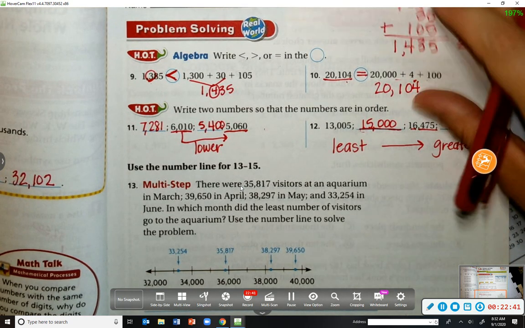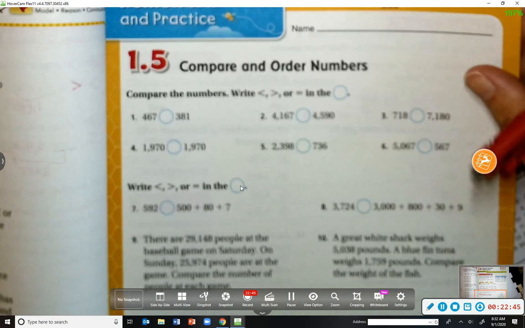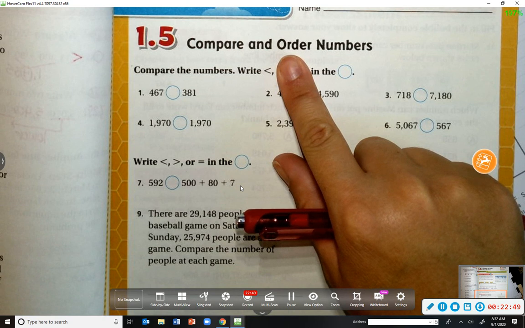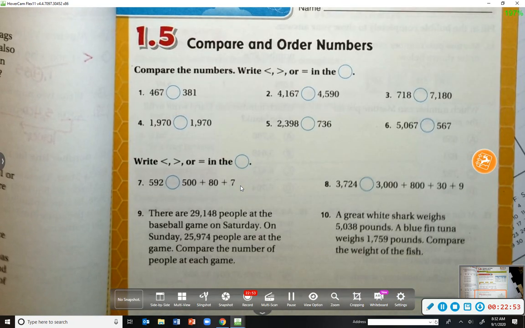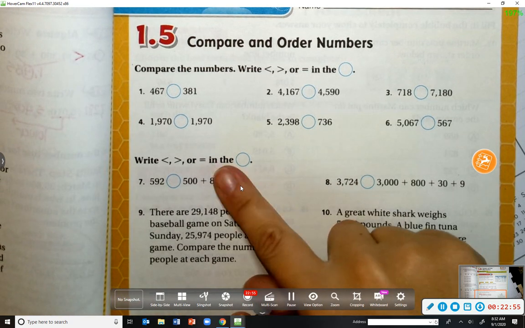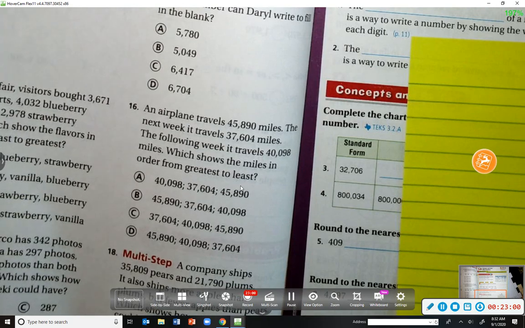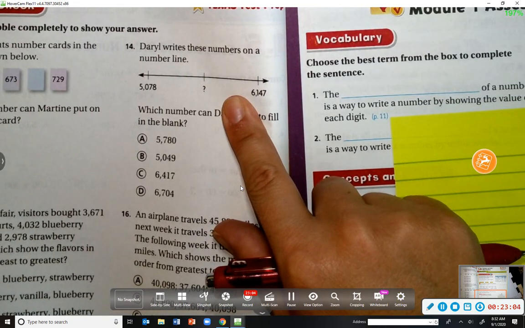Okay? Now for part of your assignment today, you're going to go to page 33, compare and order numbers. So first let's do a couple of word problems because you will have word problems in your assignment today. And you will be looking at some numbers on the number line. Okay?